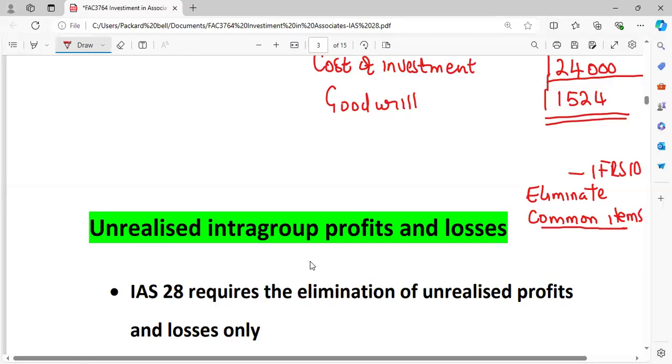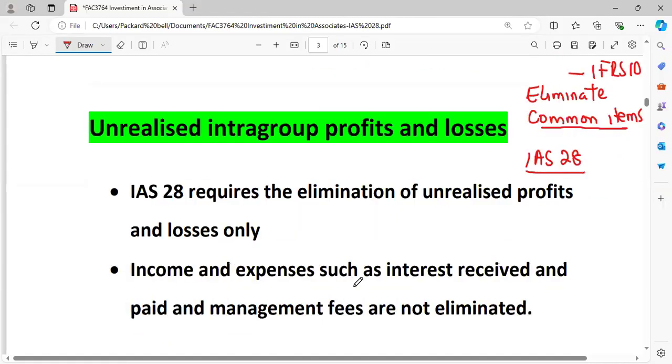But when you are using IAS 28, you only eliminate unrealized profits and losses only. So all other intra-group transactions which are not unrealized profits and losses, you leave them as they are. You only take account of unrealized profits and losses only.